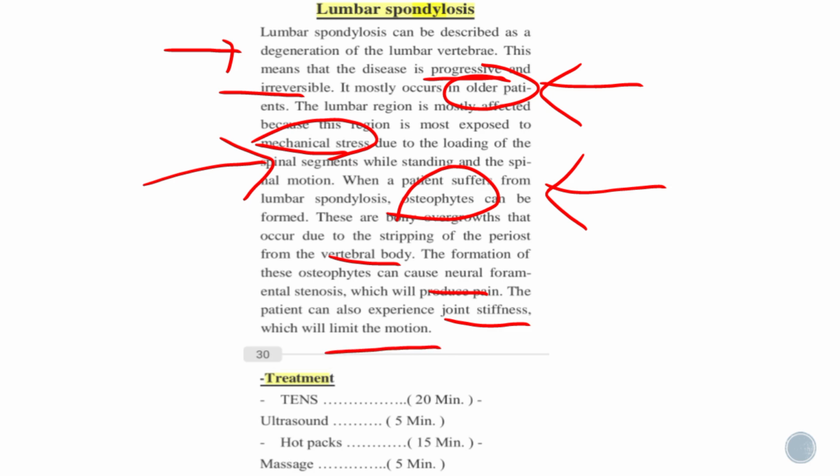When the nerves are involved, sensory and motor impairments occur. The treatment for lumbar spondylosis is: we can use TENS for 20 minutes, ultrasonic therapy 5 minutes, hot packs or heating pad 15 minutes, and massage therapy for 5 minutes.